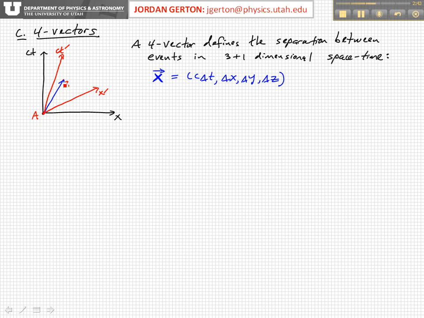The coordinates that you measure in this S prime frame, in this boosted frame, will be different, but the vector itself doesn't change. So this 4-vector X here is frame independent. It's invariant. That doesn't mean it's a scalar, by the way. It's clearly not a scalar, but it is invariant from one frame to another.